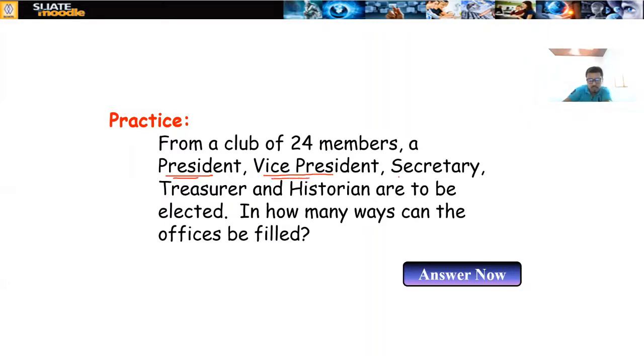We need to appoint a president, vice president, secretary, treasurer, and a historian. In how many ways can the officers be filled? Is it permutations or combinations?